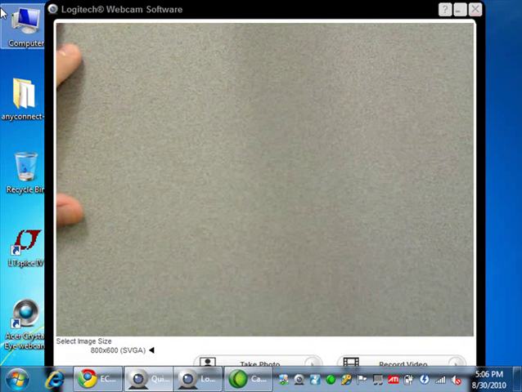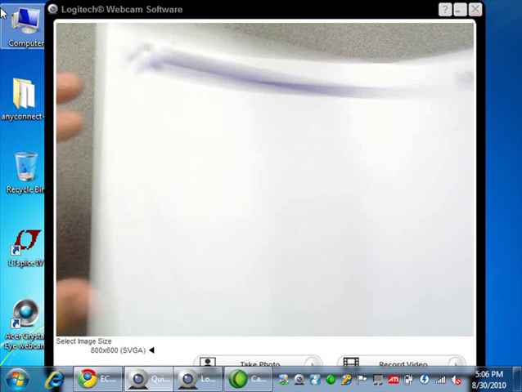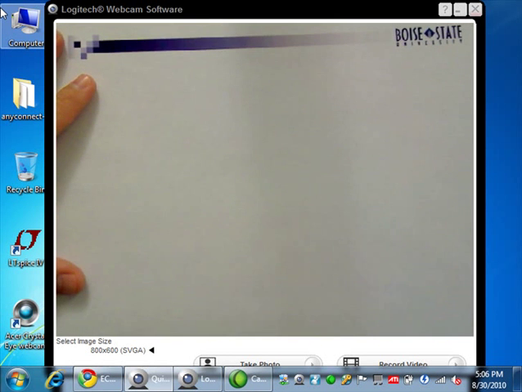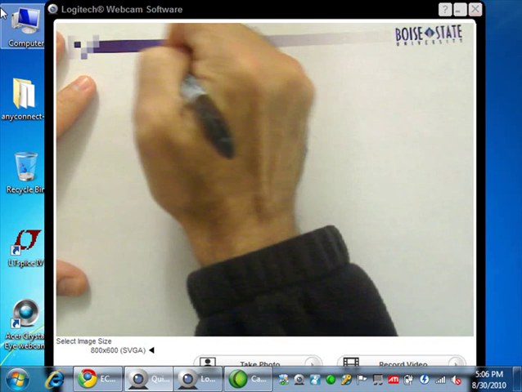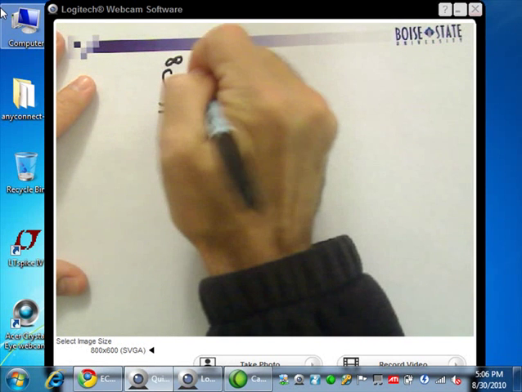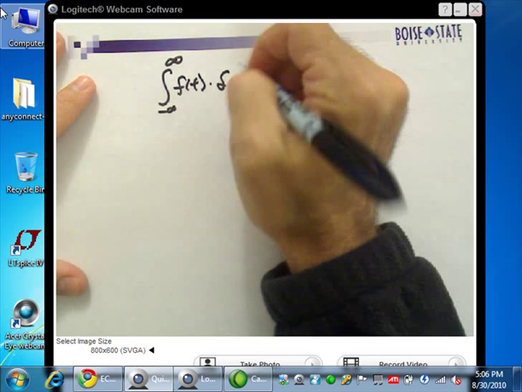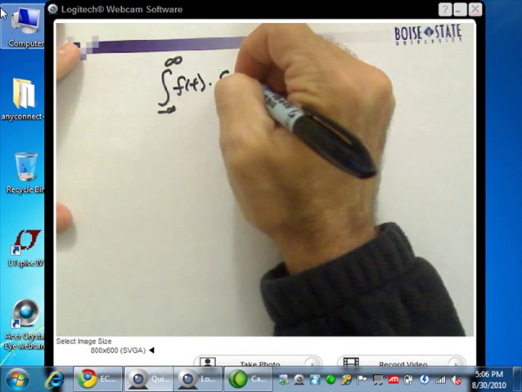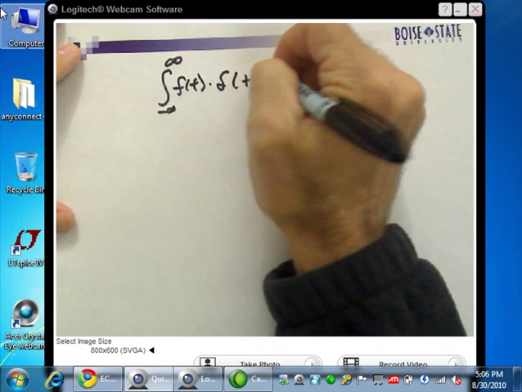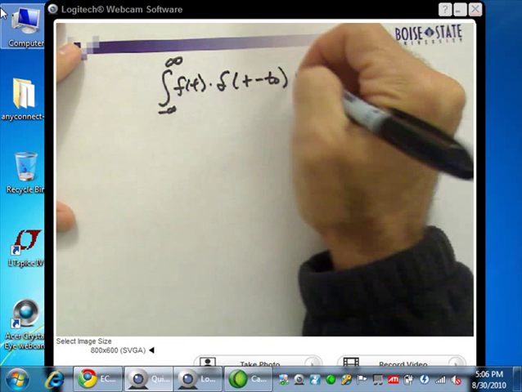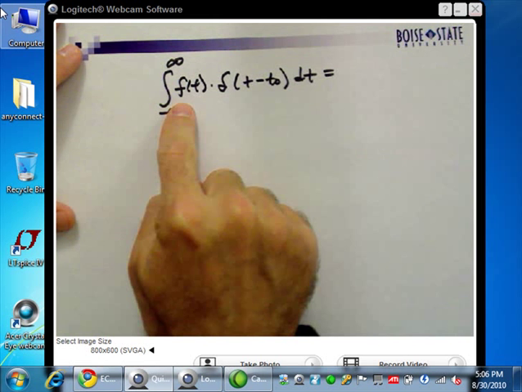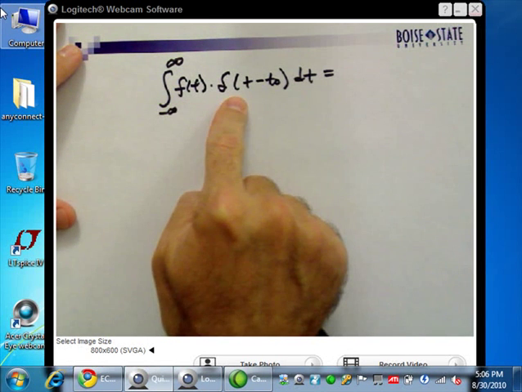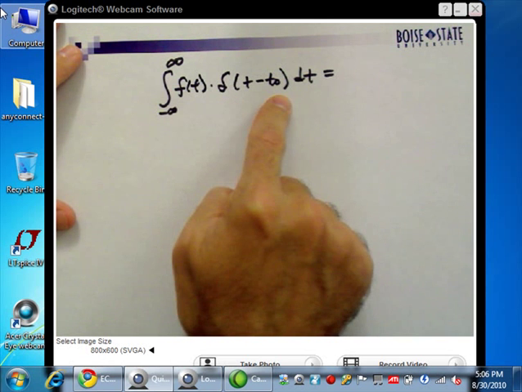Okay, so I'm going to do a couple other examples. One is, if I take a function f of t and I multiply it times the Dirac delta function, delta of t, the product here is only non-zero when t is equal to t0.